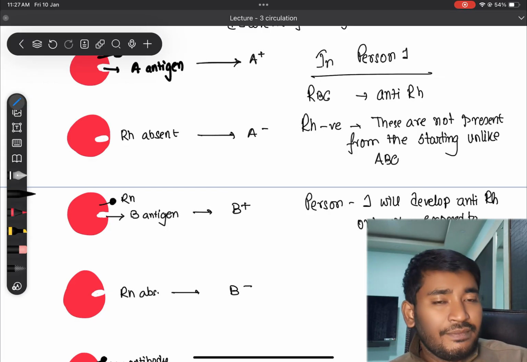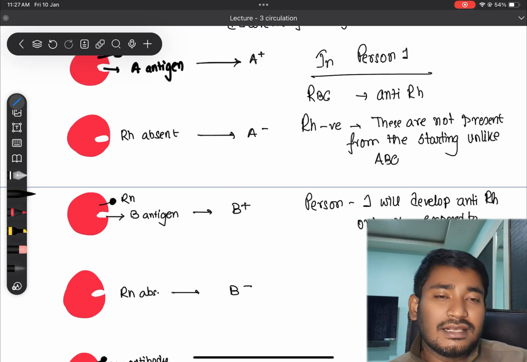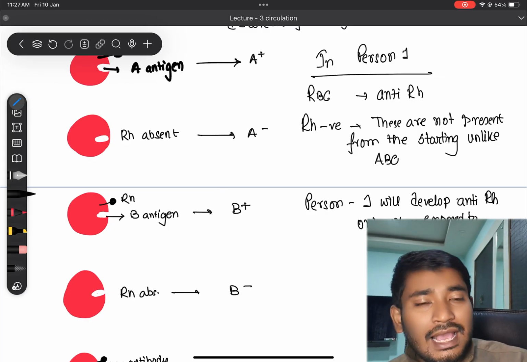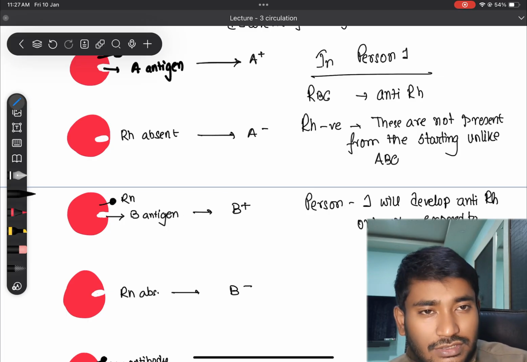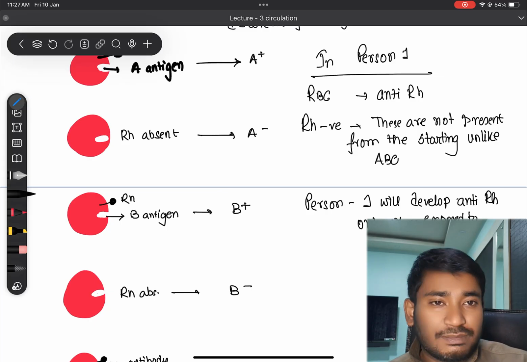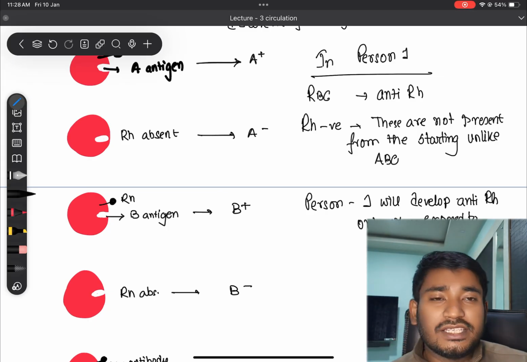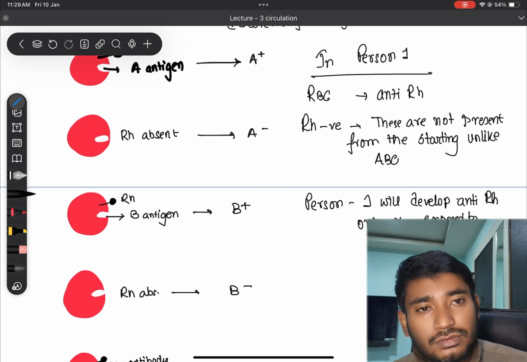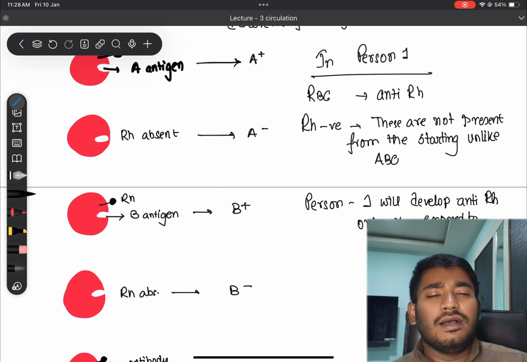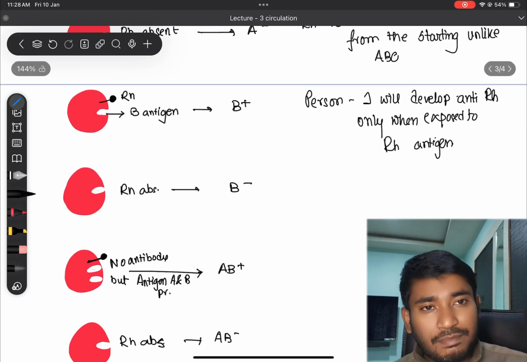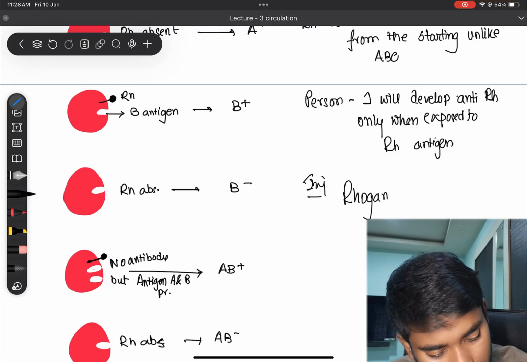In the second delivery, the maternal blood will have developed antibody against the fetus, and it will destroy the fetal RBC, and the child can get neonatal jaundice or even expire. So we use the injection called Rogam, so that the formation of the antibody after the first delivery doesn't happen.